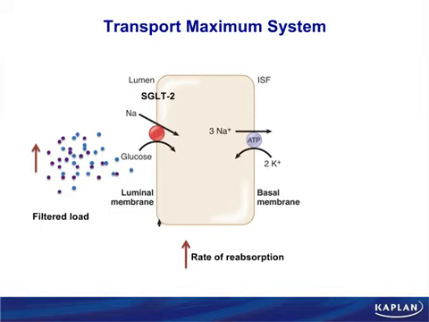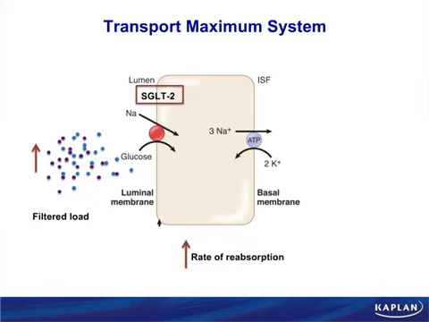Again, as the concentration of glucose in the lumen of the proximal tubules increases, the rate of reabsorption of glucose increases until the SGLT2 carriers get saturated. And they do. At some point, the SGLT2 carriers become saturated.